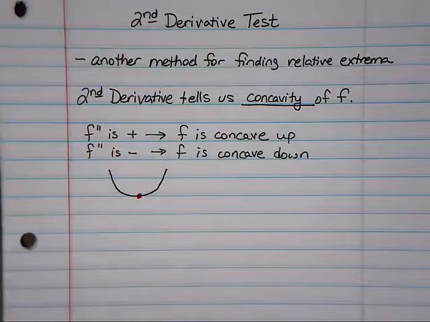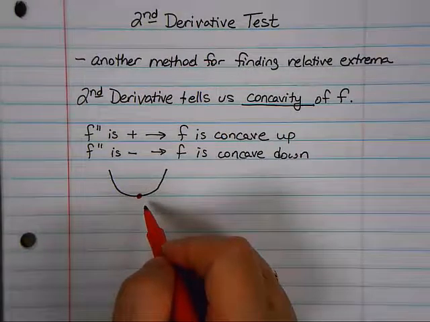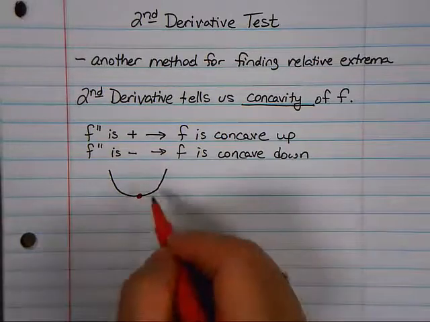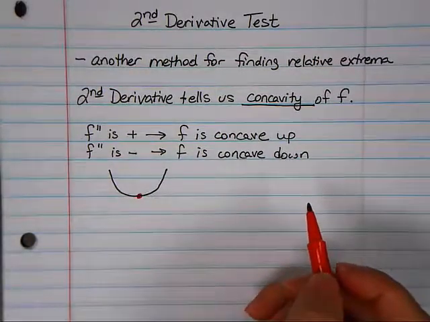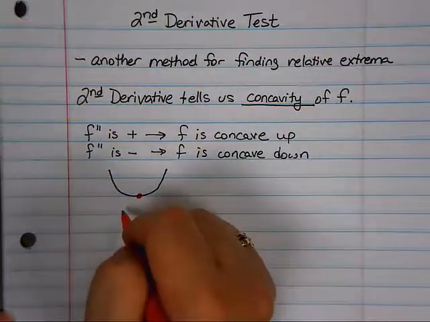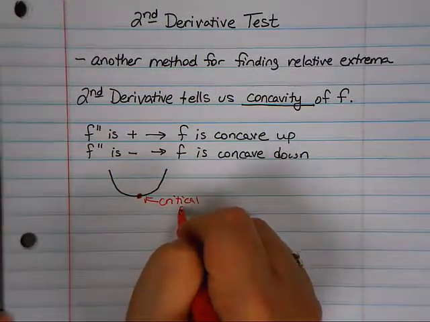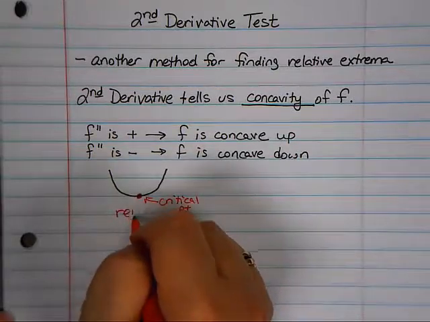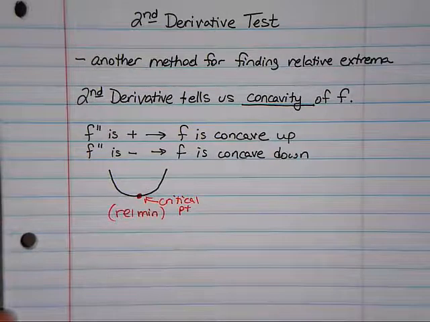So, that's the only critical point on that graph, correct? So, if I know where the critical point is, and I know the graph is concave up, I am guaranteed that that critical point is a relative what? Minimum. So, if this is the critical point right here, then it has to be a relative minimum because the graph is concave up. Does that make sense to everybody?